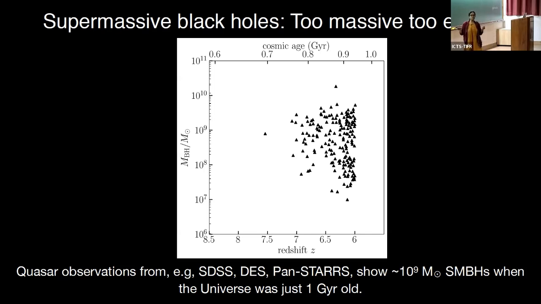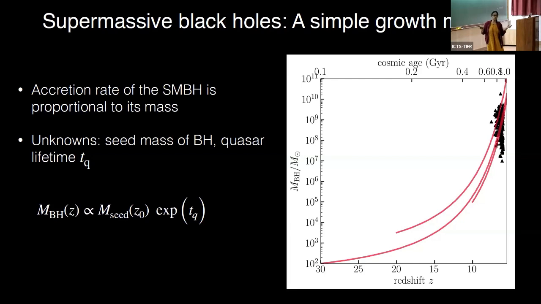Now, we don't fully understand how these black holes have grown so quickly, so huge, so early on in the universe. Black hole accretion is a complicated process that spans several scales, from parsecs to kiloparsecs, so doing a full simulation is certainly difficult. Here we instead consider a simple heuristic model wherein the accretion rate of the supermassive black hole is proportional to the mass, so that the black hole mass grows exponentially with time, as shown in the red curves in this plot.